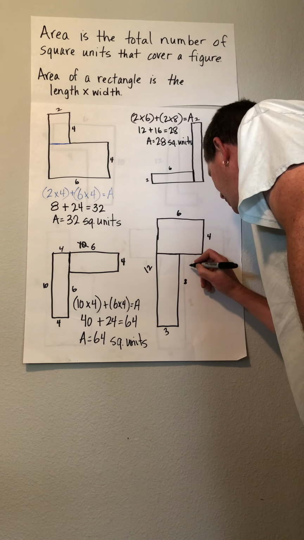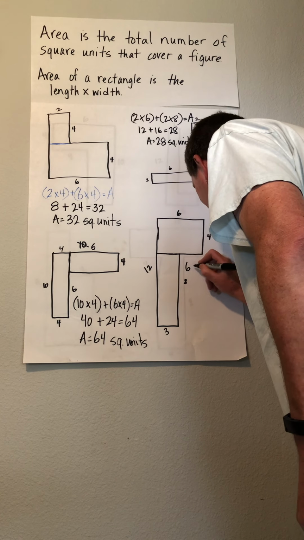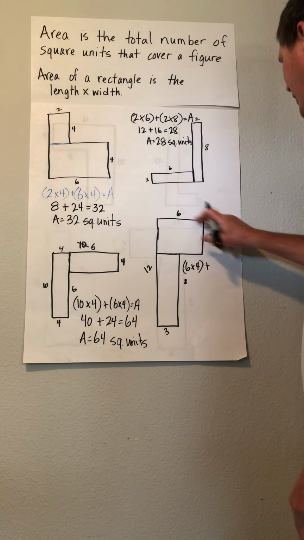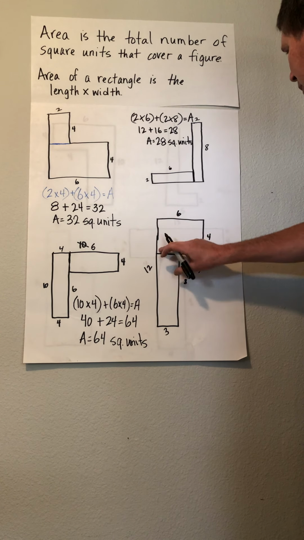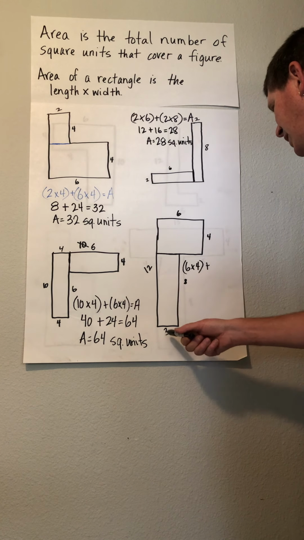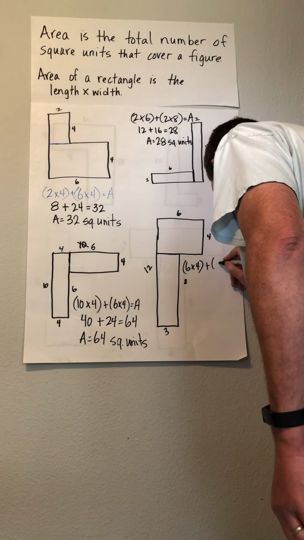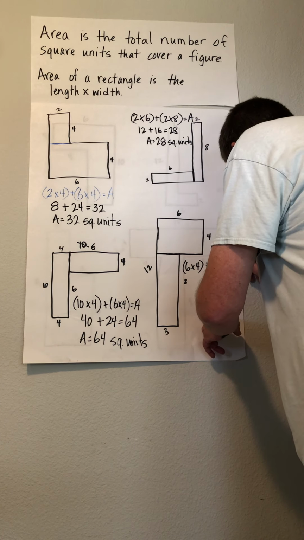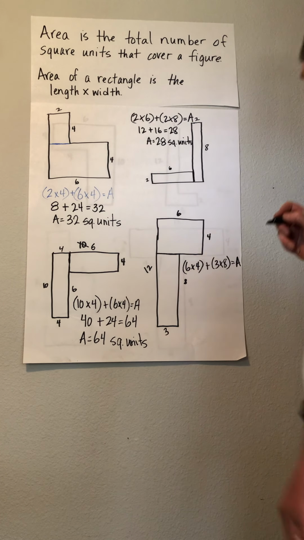Okay? So 6 times 4, that's the area of this rectangle, plus 3 times 8, that's the area of this one, equals A. Okay?